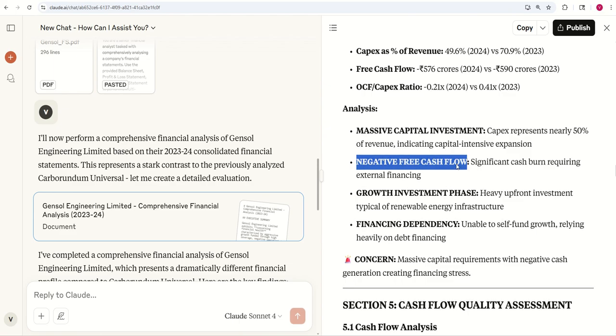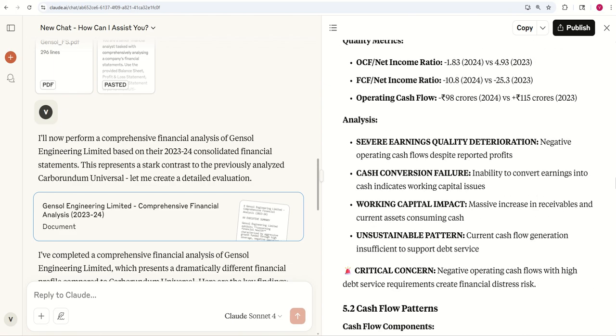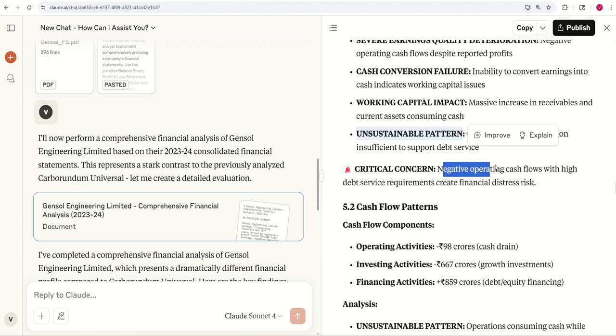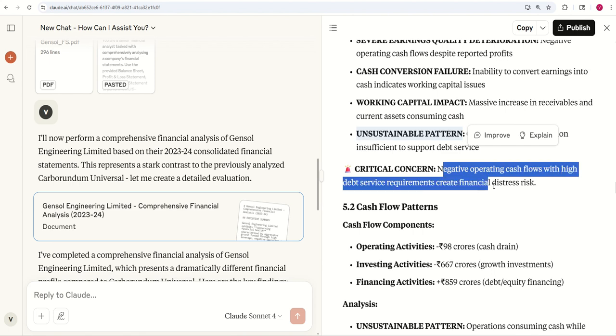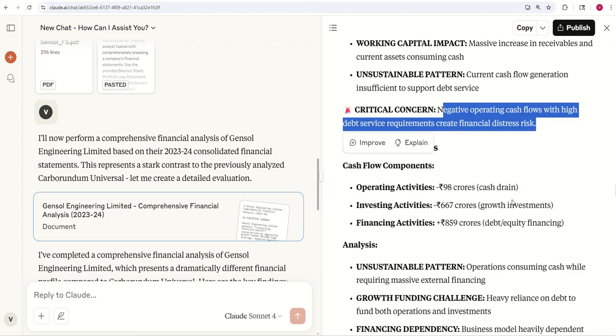So negative free cash flow. Let us see the cash flow statement. It is very clearly telling severe earnings quality deterioration, cash conversion failure, unsustainable pattern. Critical concern, negative operating cash flow with high debt servicing requirements create financial distress risk.